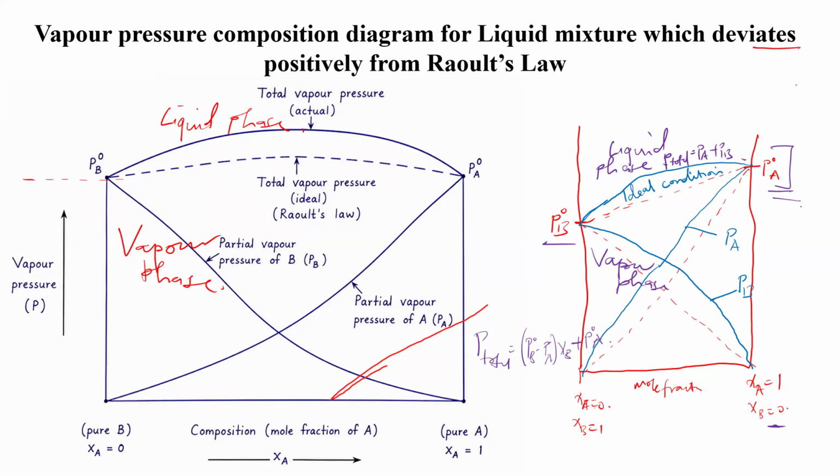Are you seeing that? So when you get that into your mind very well, when you're drawing, in a question, most probably it has to be given that the one for A is this value, the one for B is the other value, then you can draw it very well. And you get to know whether it is deviating positively or negatively. We shall be able to bring those questions in our next lesson so that we can see how it can be set. But understanding the concept is very important.